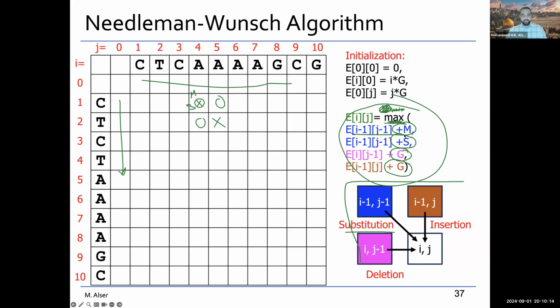So that's why I have 2 duplicated terms here. This means the upper left cell, the blue one, plus a match cost. Again, this depends on the user. So the user can define G, M, and S. Just give each any value you want before you fill the table.